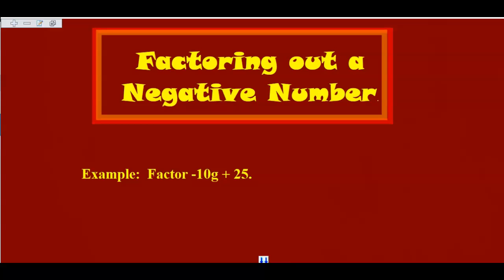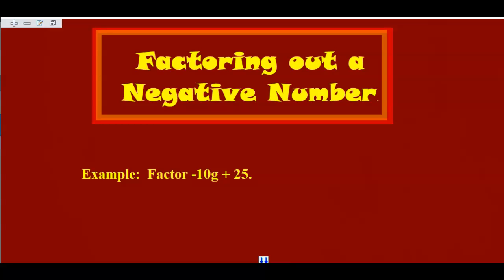Let's try one more. This time we're going to use a negative number. And I'm not telling you what to factor by now. So you have to make a decision. When it just says plain old factor, that means, hey, you have to determine what you're going to factor. If it asks you to factor using the greatest common factor, then you need to find the greatest common factor.